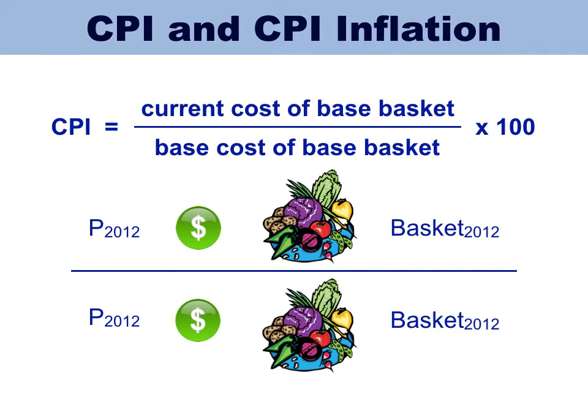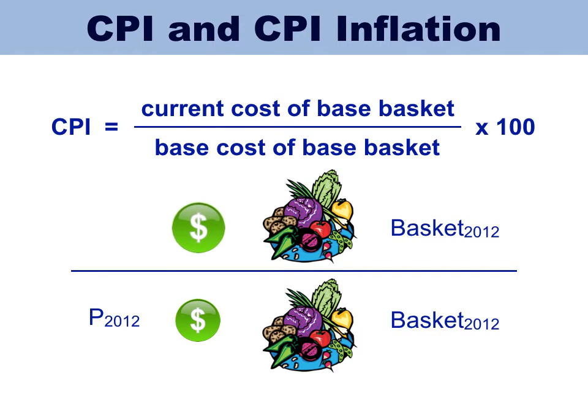So since the basket is the same year after year, that is, we use the base year basket, notice in the denominator, we've got the price in 2012 multiplied by the basket in 2012. And then in the numerator, we have the price in 2012 multiplied by the basket in 2012.